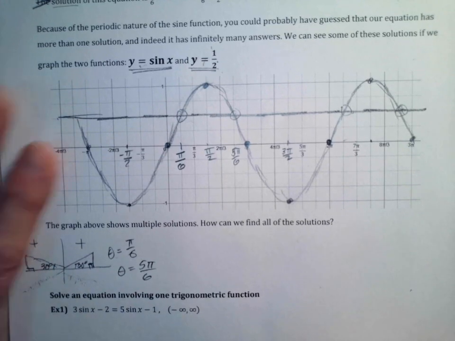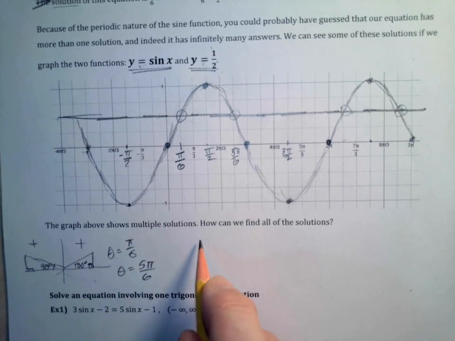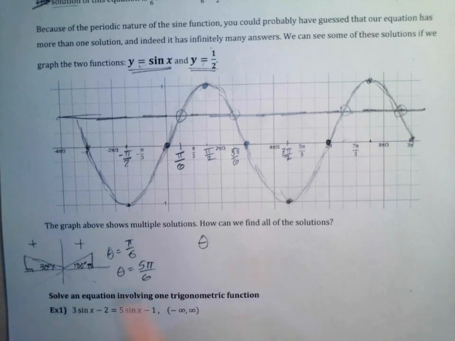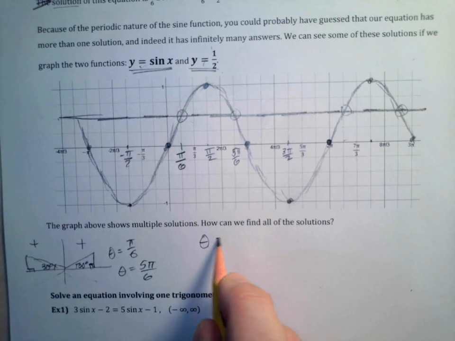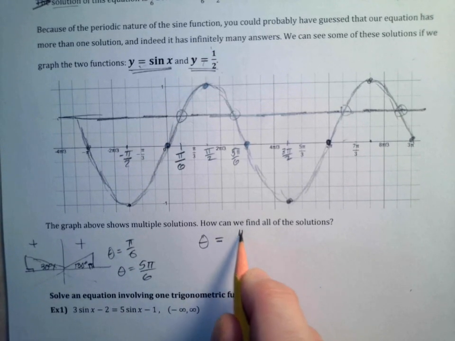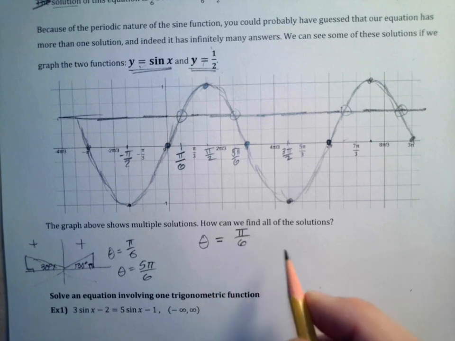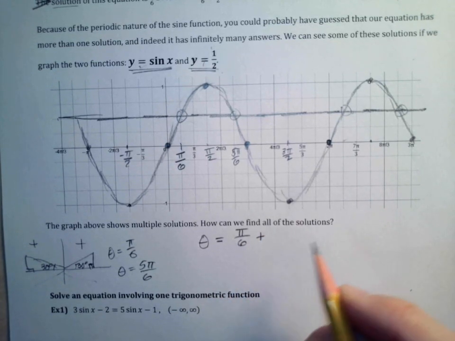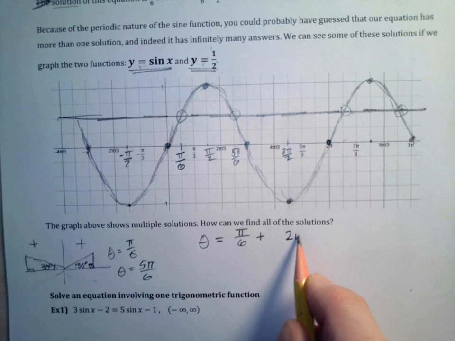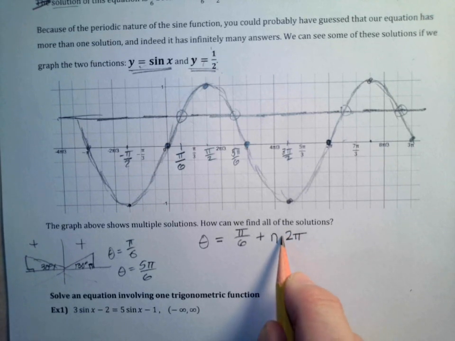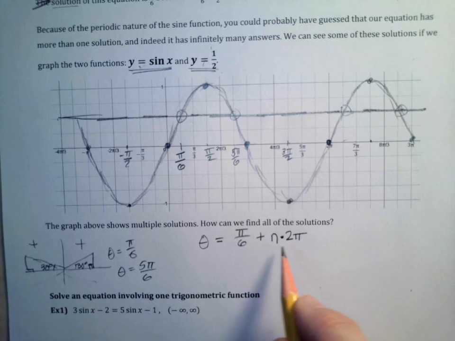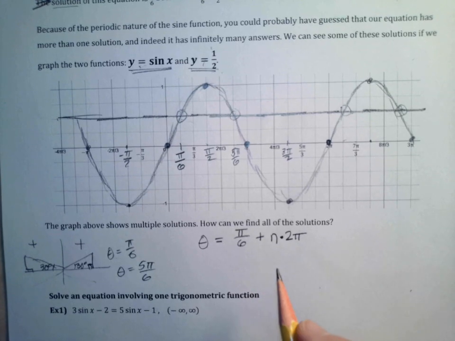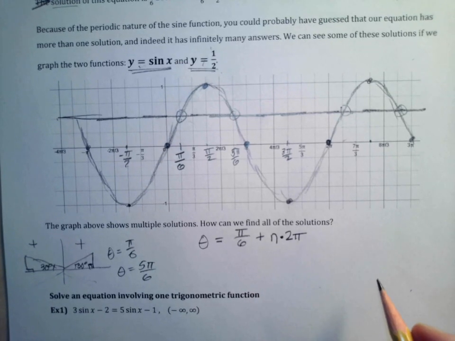All right. And so how would we write those? Well, the answer is going to be theta. If we wanted to think about all solutions, theta equals pi over 6, and then we would just add all the different possible multiples of 2 pi to that, or n times 2 pi, where n could be any integer, negative, positive, or 0.